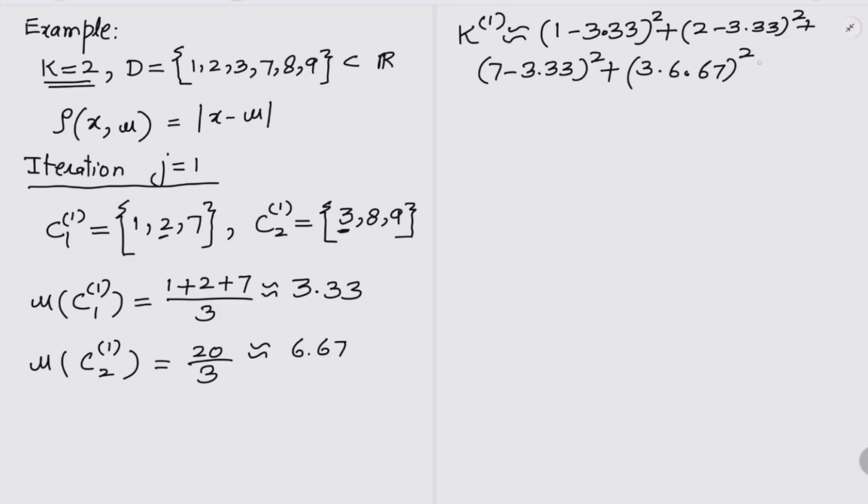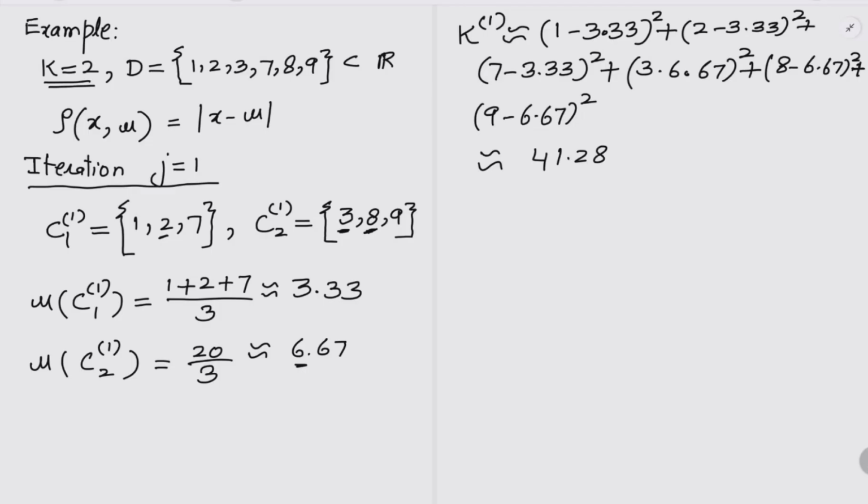Then similarly, plus from cluster 2 we have 8 and the centroid is 6.67. So 8 minus 6.67 squared plus 9 minus 6.67 squared. So this is the cost, and if we calculate the cost it is 41.28.